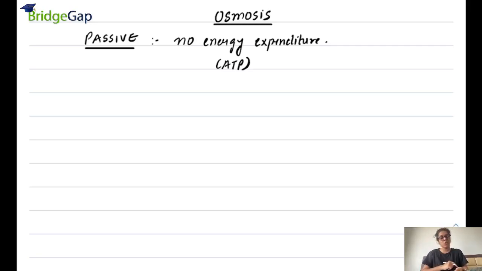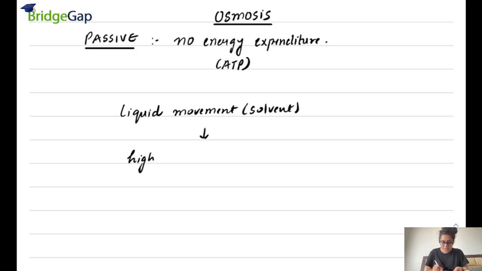What exactly is osmosis? Osmosis, in very simple terms, is movement of liquid, or you can say solvent, any solvent. From where to where should it move? It moves from higher concentration to lower concentration.